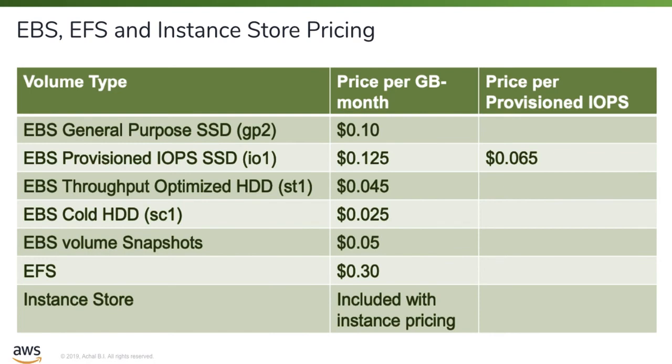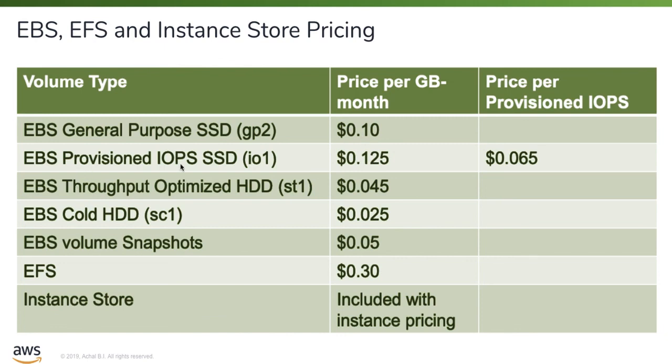So let's finally go through the pricing options. EFS is the most expensive one, and general purpose is at an average price.